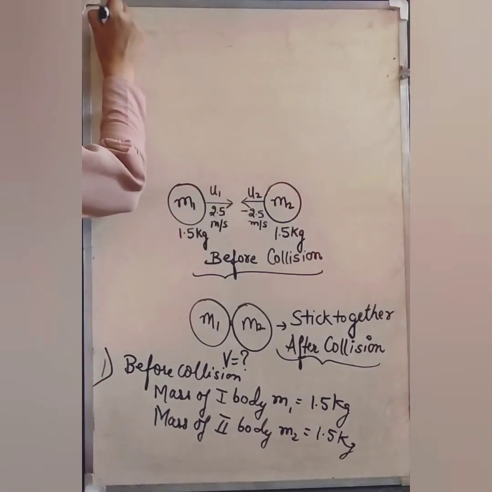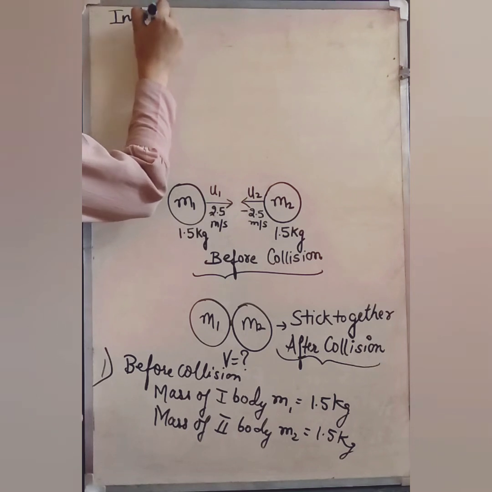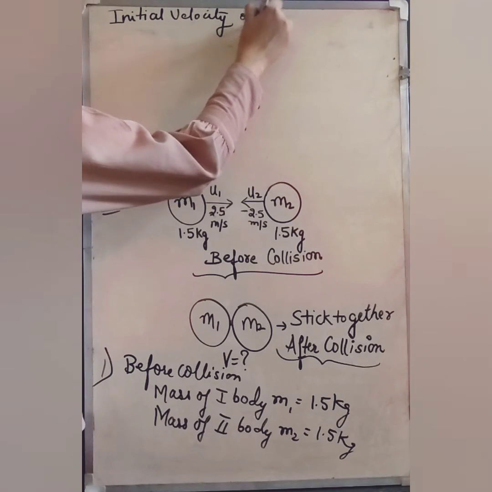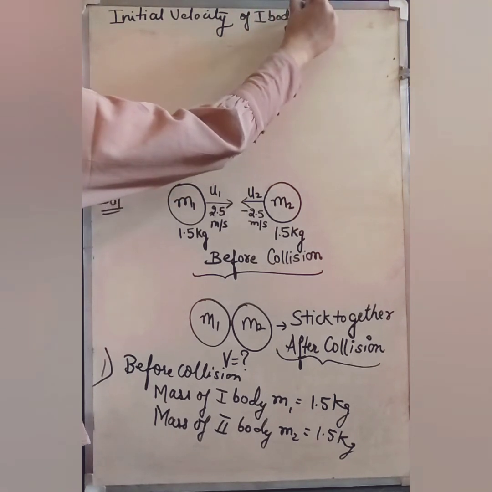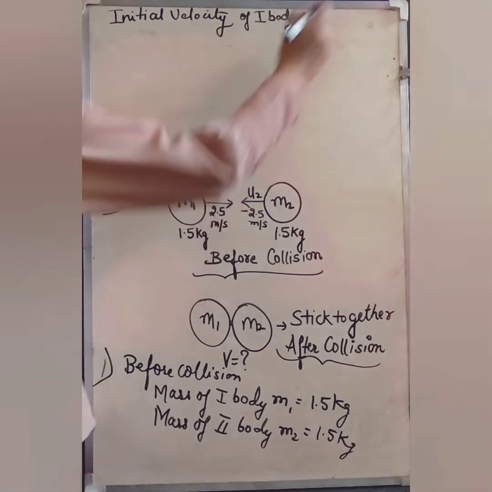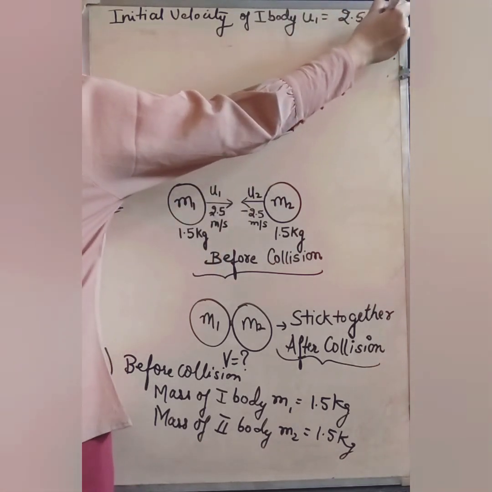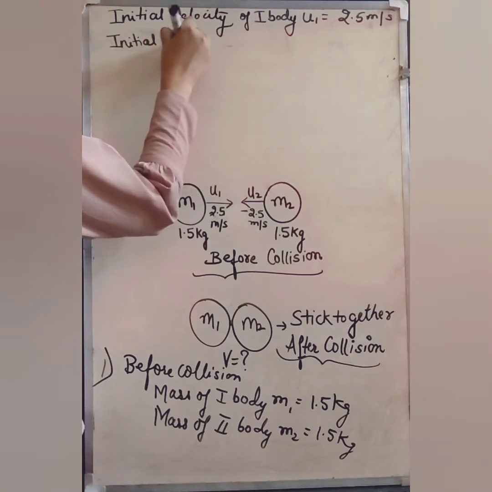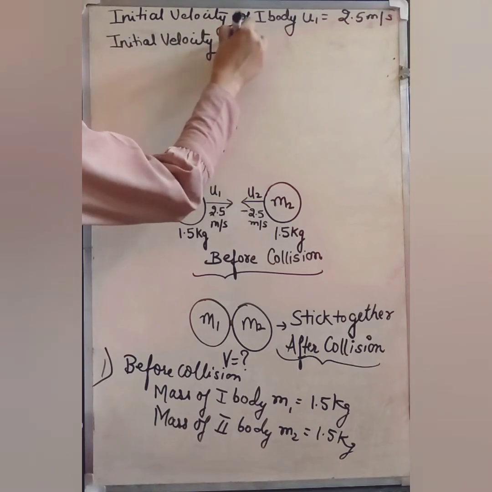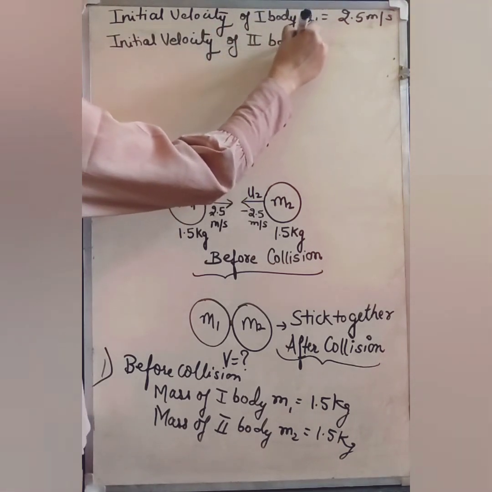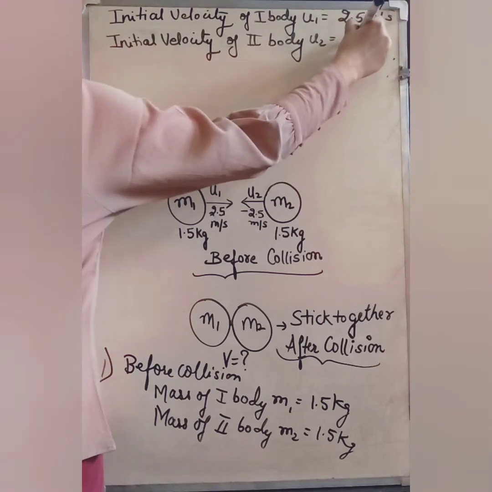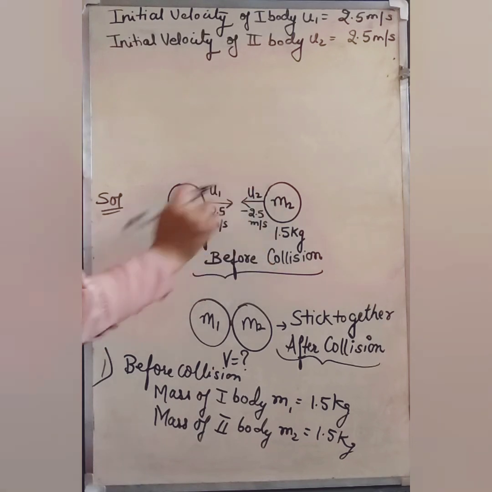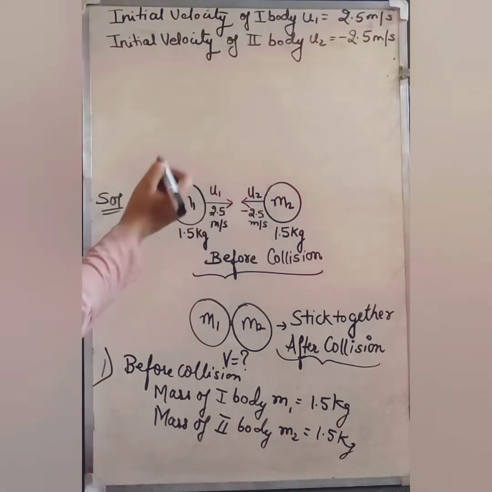Initial velocity of first body is u1, that is 2.5 meter per second, and the initial velocity of second body is u2, that is also the same, which is 2.5 meter per second, but this is moving in the opposite direction, so I have to put a minus sign.